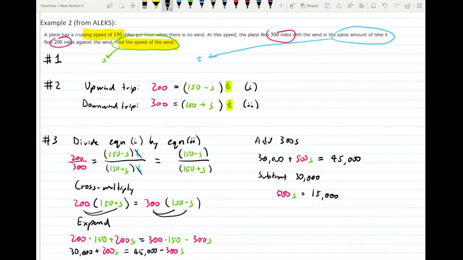And now that we've successfully grouped s and non-s terms, we'll just divide out by the coefficient of s, which is 500. And that gives us s equals 30, which was the target unknown from the beginning of the problem.